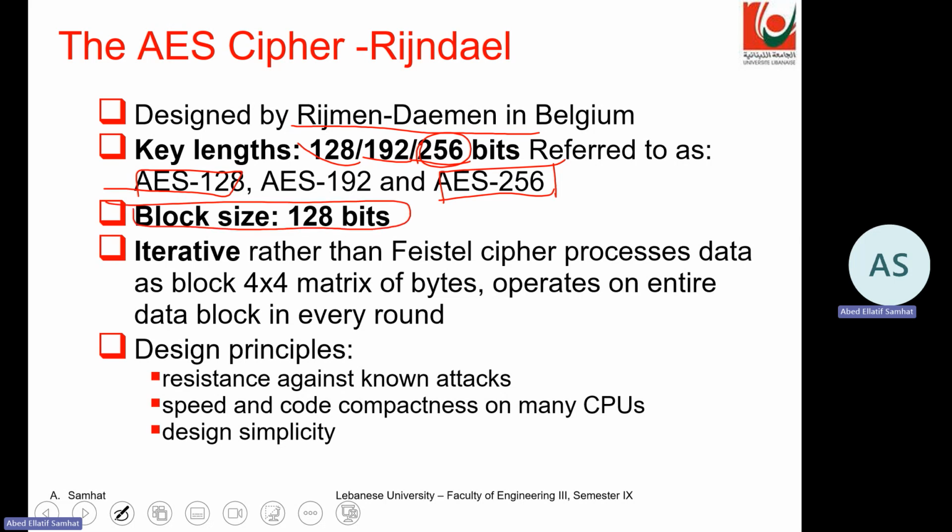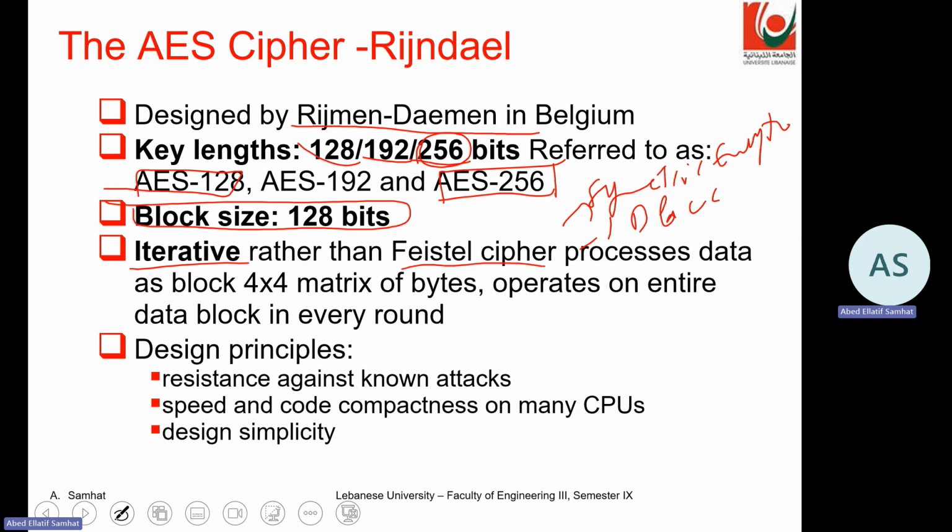Remember that here we are in symmetric encryption and it's a block cipher. With a block cipher, we take a block of bits and process it, so we do the encryption block by block. It's also iterative. It's not like the Feistel cipher process.